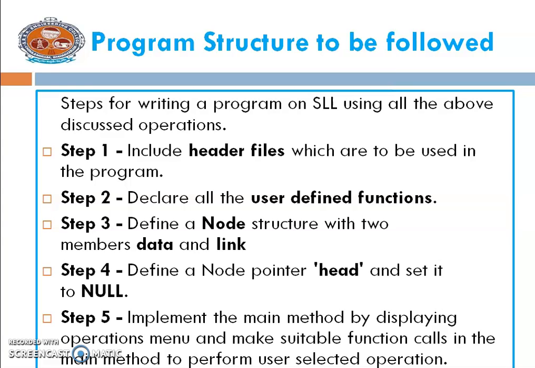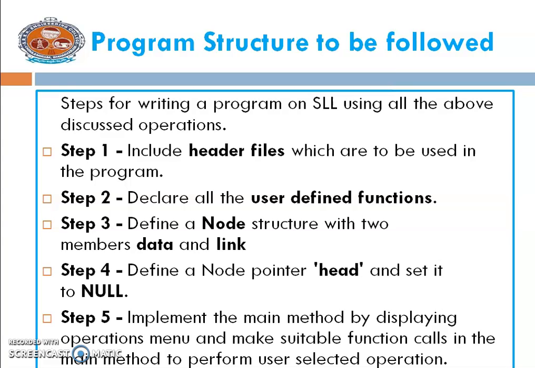The programming structure to be followed. After discussing all the operations in single linked list, to write the program of single linked list, these are the steps to be followed. Step 1: include the header files which are to be used in the program. Second, declare all the user-defined functions.